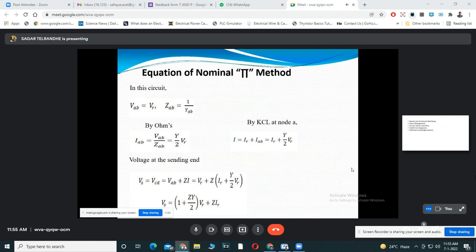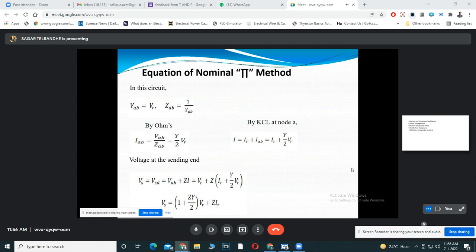Also by KCL at node A, we can say that I is equal to IR plus IAB, which is equal to IR plus Y by 2 VR. The voltage at the sending end Vs is equal to VCD, which is equal to VAB plus ZI, which is equal to VR plus Z times (IR plus Y by 2 into VR).